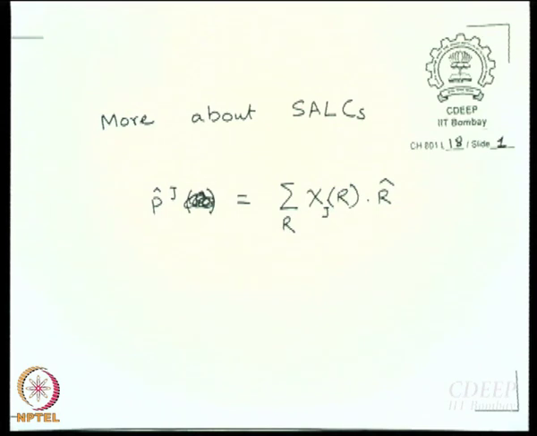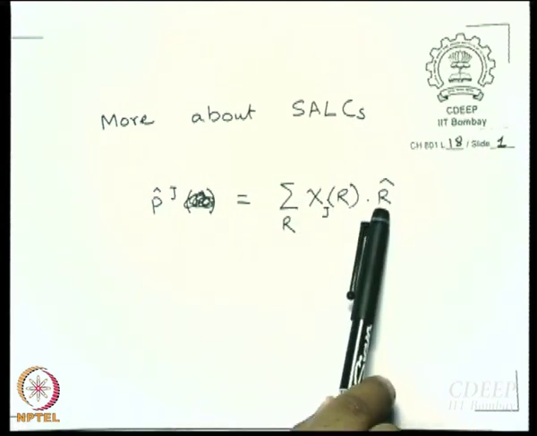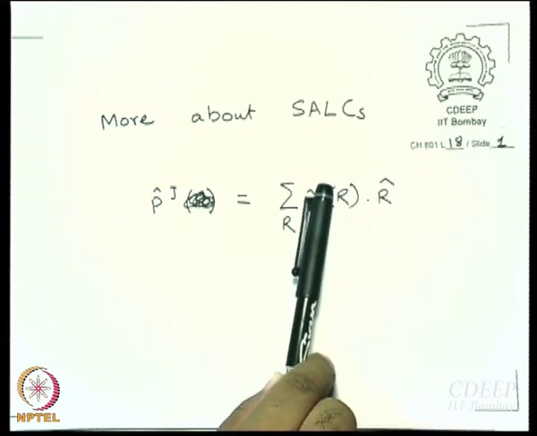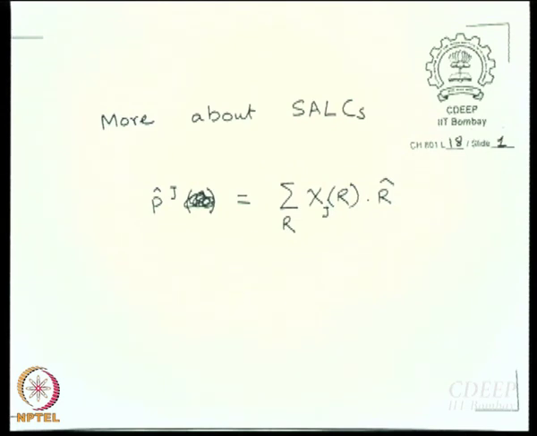So, in order to use a projection operator, you take whatever basis element it is, make R operate on it and multiply it by the character corresponding to that same symmetry operation R. You do this for each and every symmetry operation and sum over. The thing to remember is that we are summing over all symmetry operations.